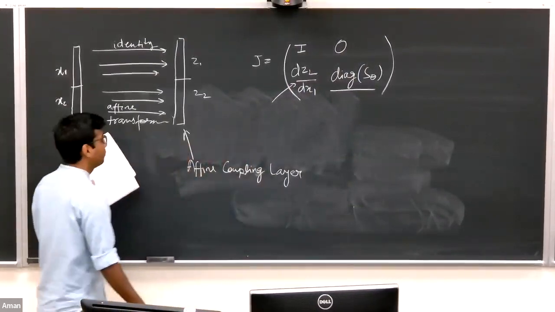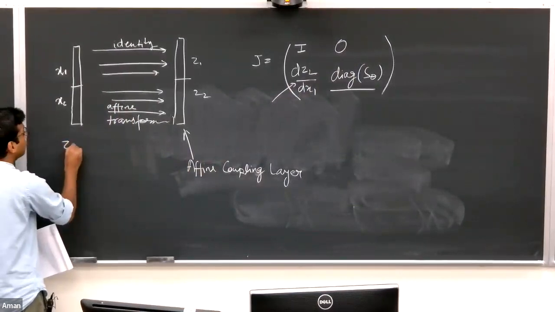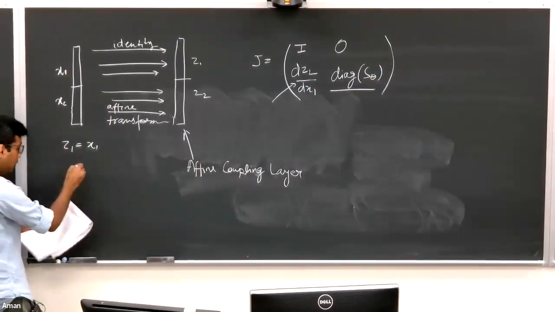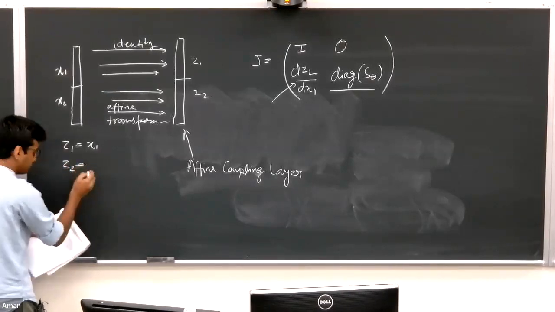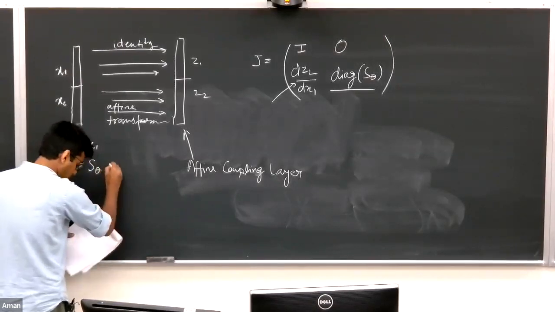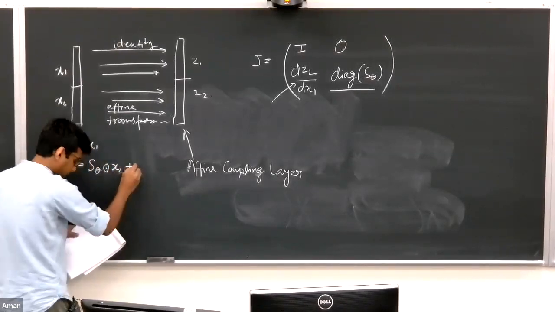And just to make this complete, the transformation that is happening here is that Z1 is just equal to X1, the identity map, and Z2 is an affine transformation, which means that it's S theta times X2 element-wise plus a bias term.